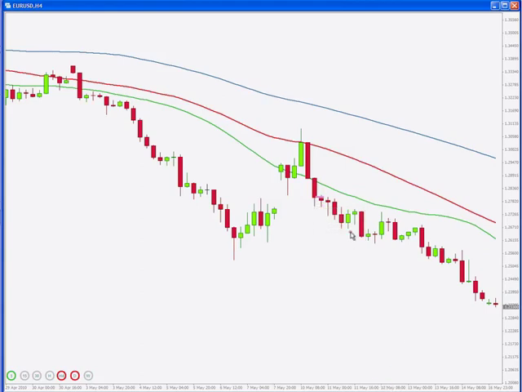What about the stop loss? Well, the stop loss, we can place it immediately above the highest point of the pullback, or if you so wish, you can simply place it a few pips above the 50 simple moving average, right there. Both areas are equally valid.